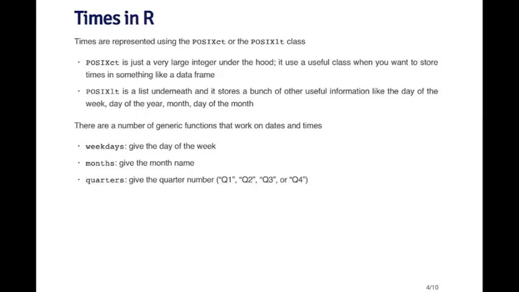The months function tells you what month that date or time is, and the quarters function gives you the quarter number. So, for example, Q1 would be January through March, Q2 would be April through June, etc. These generic functions operate on objects of class POSIXct, POSIXlt, or Date.